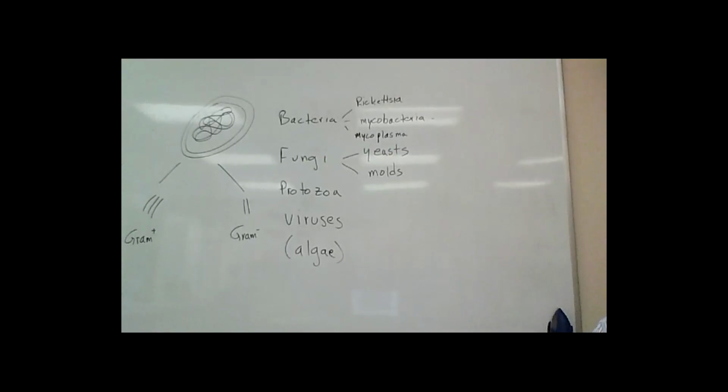Remember, a micrometer is a millionth of a meter, a thousandth of a millimeter. So they're very small. We didn't even know they existed until the end of the 17th century, when microscopes actually turned on things like pond water.